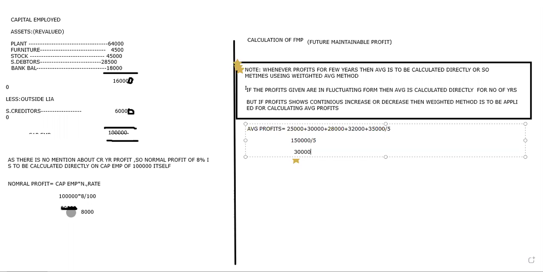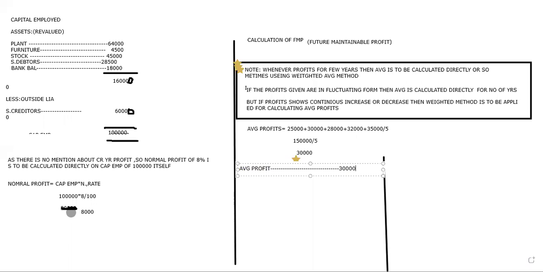Now, he gave some adjustments, right? So we have to take those adjustments. So first, here I'm going to go with the calculation of this one. Now the average profit we got is 30,000.